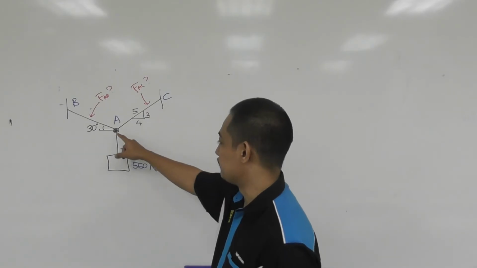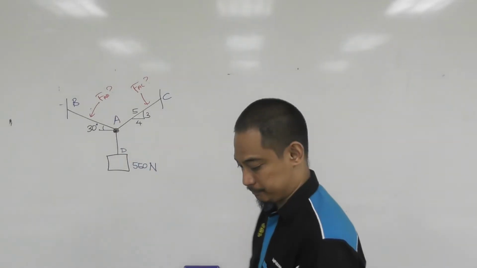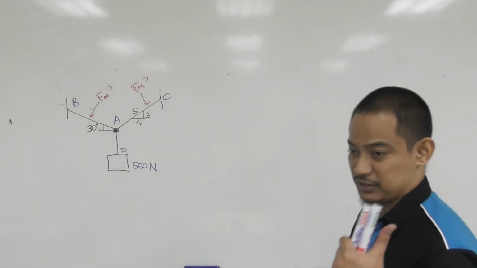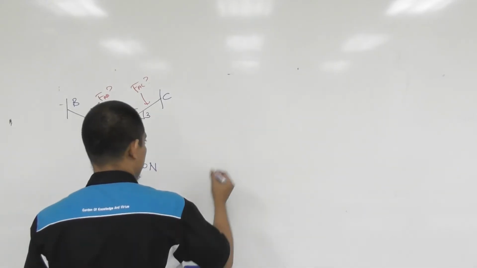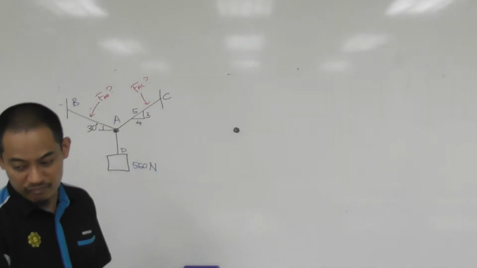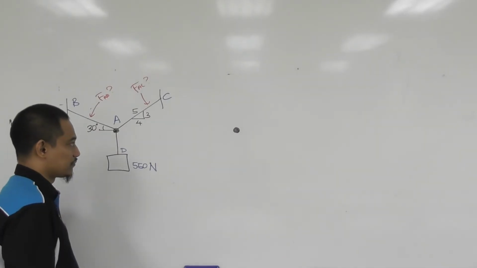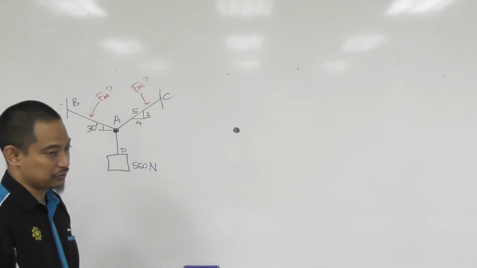We have 2 cables, and you need to find the force in the cable. So the first thing is to draw the free body diagram. This is the body, the particle, free from anything. That's the first step, to draw the free body diagram, and then draw the forces.